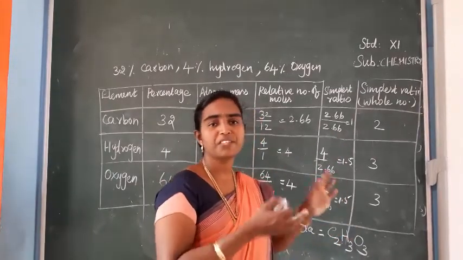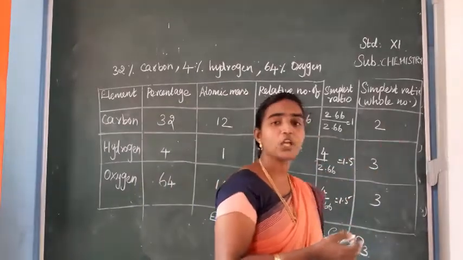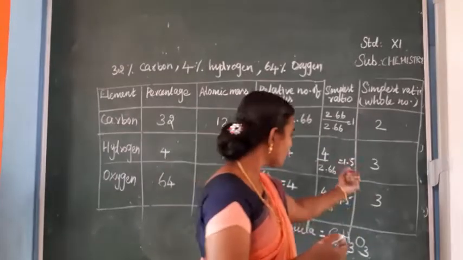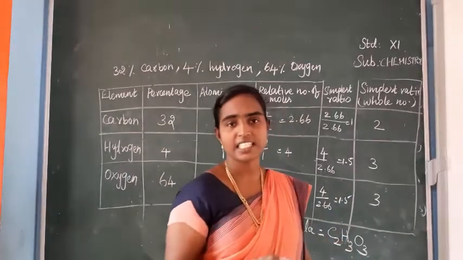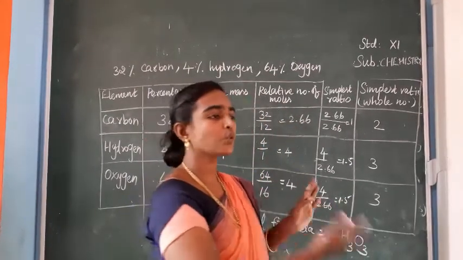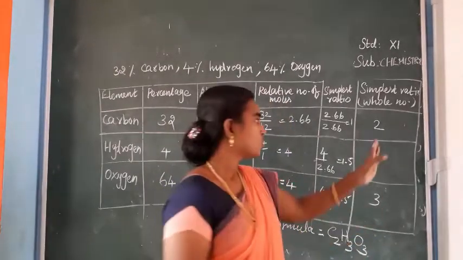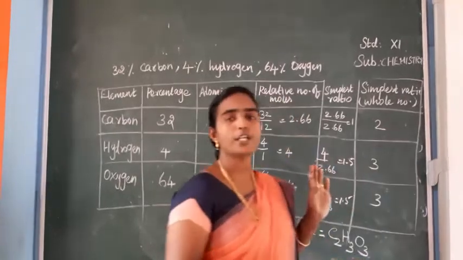If this number is a whole number, no problem; in the next box we can enter the same value. Here two numbers we got in fractions, so they should be multiplied by a particular number so that the fractional values change to whole numbers. So we got the simplest ratio in whole numbers.